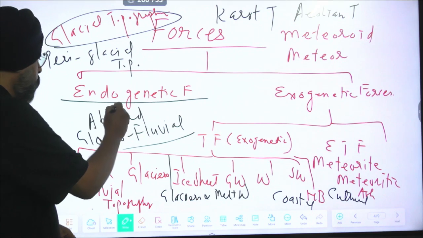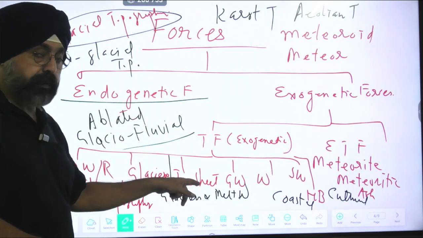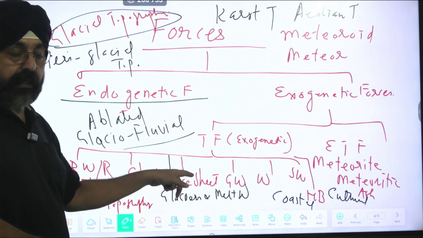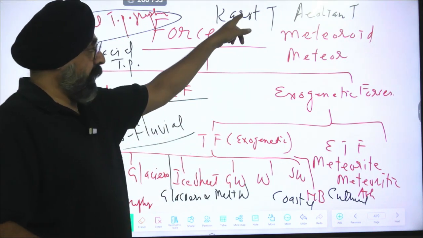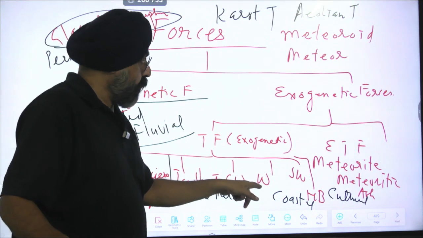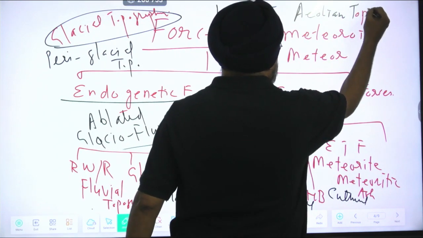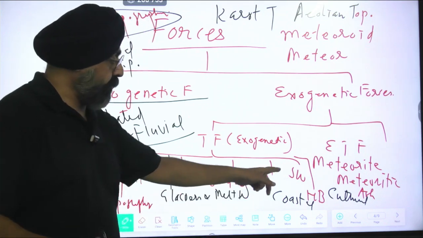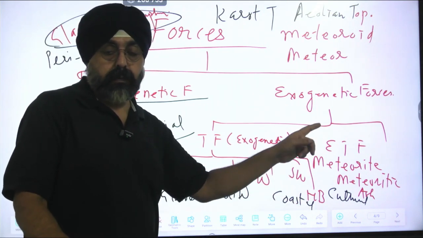Right? And then we have the ice sheet. This is the periglacial. Groundwater, karst topography. Winds, aeolian topography. Sea waves, coastal topography. Human beings, the cultural topography.